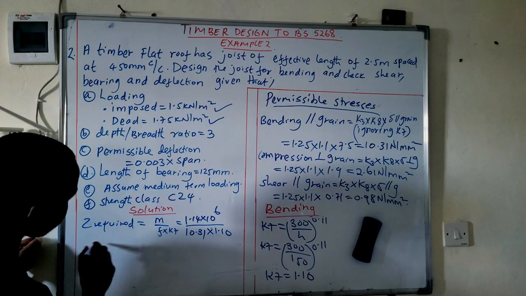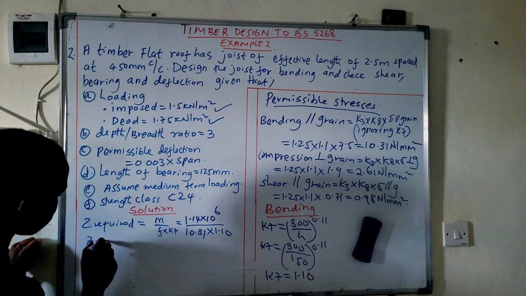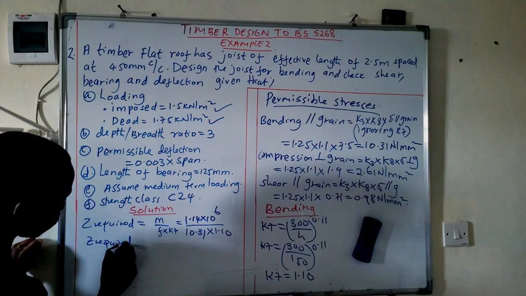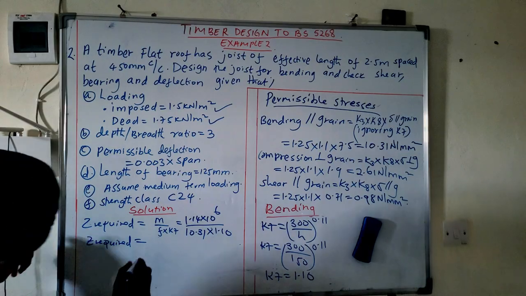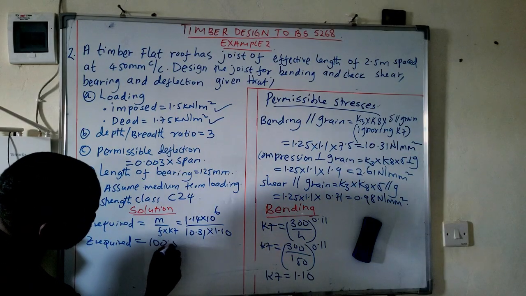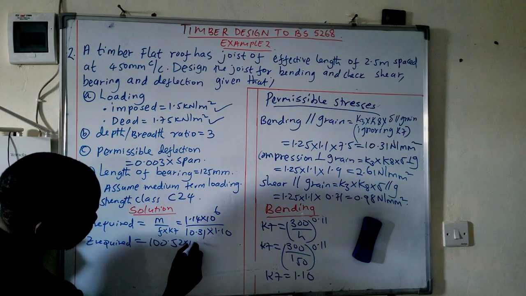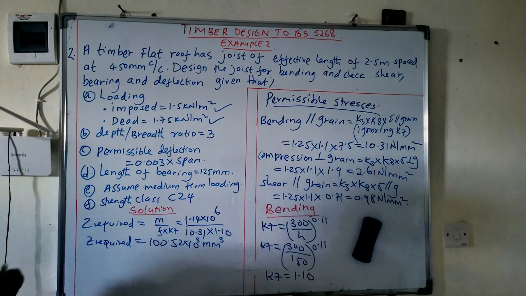So Z required is equal to 100.52 times 10 raised to the power 3 millimeter cubed.